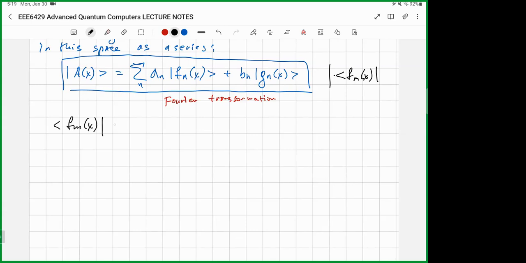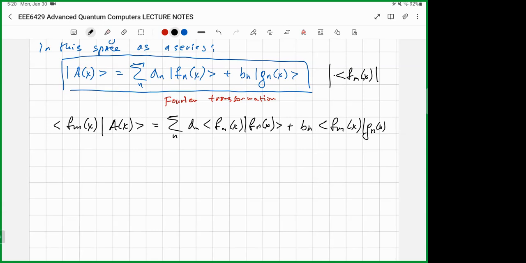fm of x, then a of x ket, equals the sum of an, then fm of x with fn of x, plus bn, fm of x with gn of x.